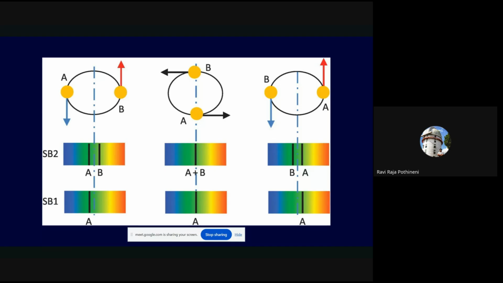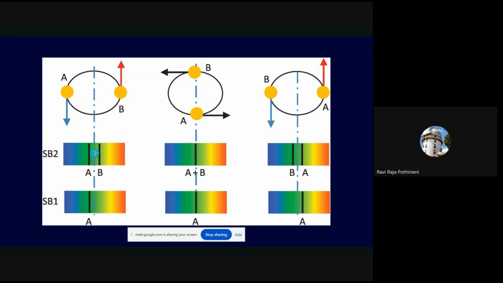Whenever the light comes towards you, it generally undergoes blue shift, which means whatever spectral line is there moves towards the blue region. Whereas the light coming from the other star, which is moving away from you, undergoes red shift, which means the line gets shifted towards red.